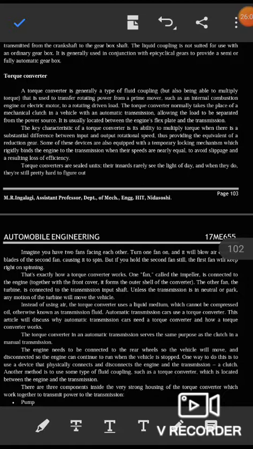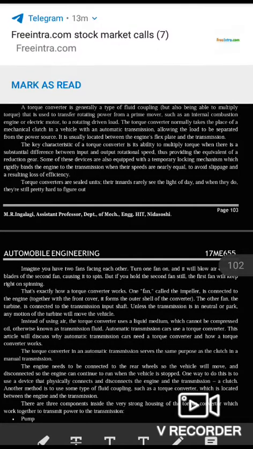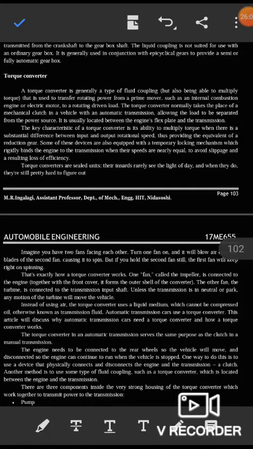The torque converter normally takes the place of the mechanical clutch in the vehicle with automatic transmission, allowing the load to be separated from the power source. It is usually located between the engine's flex plate and transmission.